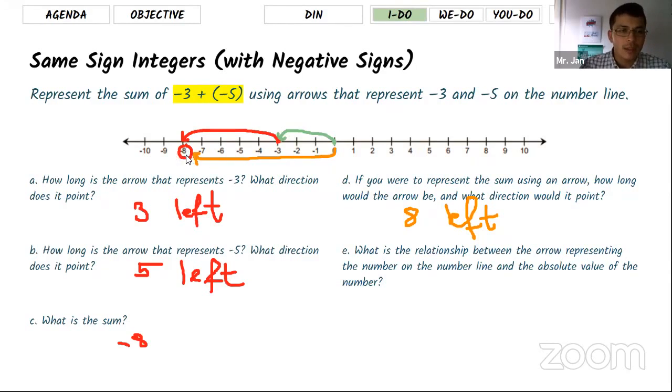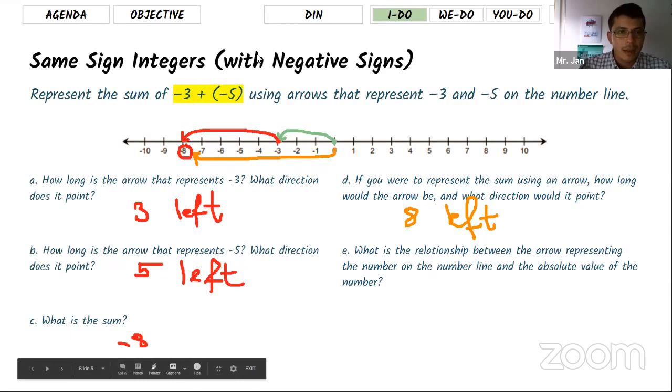We only pay attention to the length of the arrow. What is the length of the arrow? It's 8 units. That is the answer. The number might be positive or negative, but regardless of its sign, the absolute value is the length of the arrow.